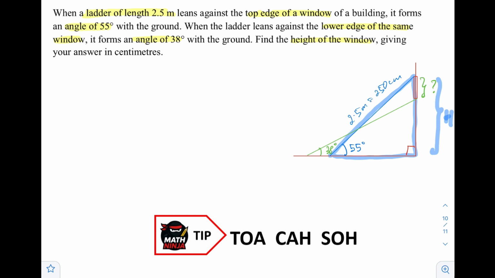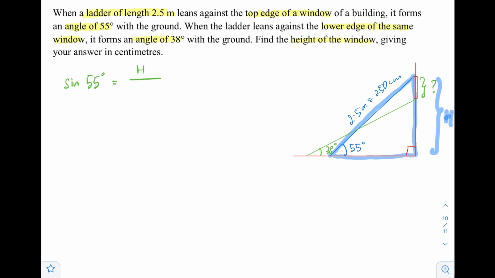I will need to use my sine ratio because capital H is the opposite side and I have the hypotenuse. So sine of 55 degrees would be equal to capital H, the height from the top of the window to the floor, over the hypotenuse 250 cm. In order to find H, I can simply cross multiply.